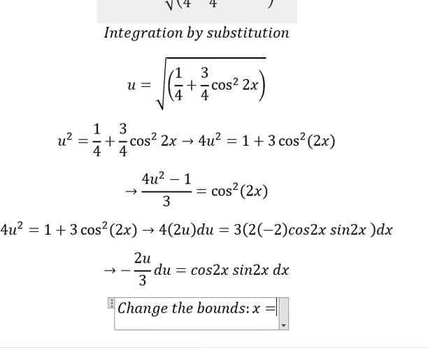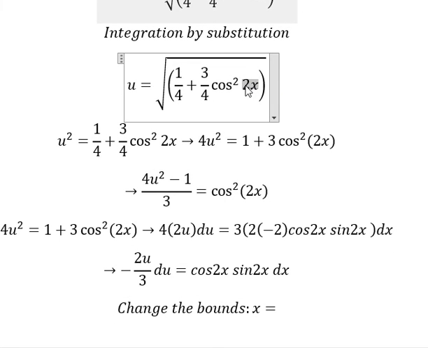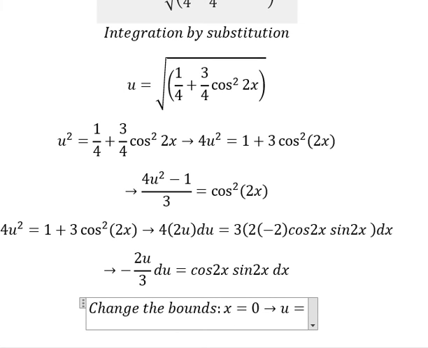When x equals number 0, we put number 0 in here and we can find the value of u. That is number 1.